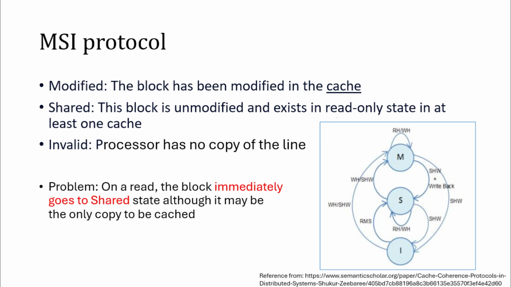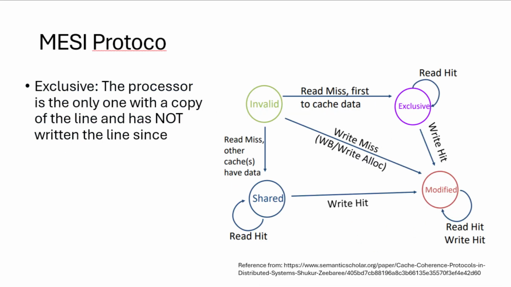So to prevent this situation, there's another type called the MESI protocol. The difference between MSI and MESI is the extra state, exclusive. Exclusive means the processor is the only one with a copy of the line and it has not written the line yet. And the right picture shows the state transitions in the MESI protocol.